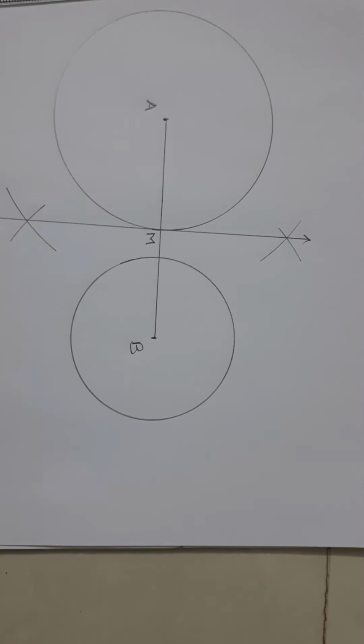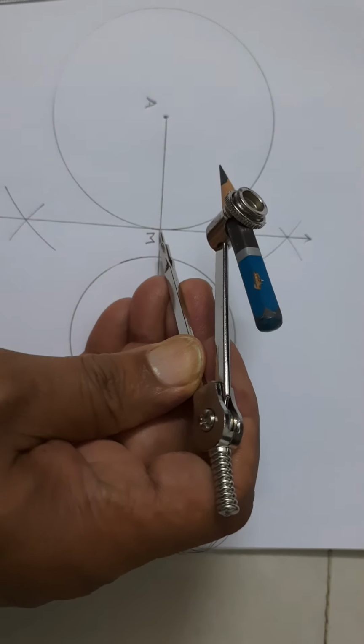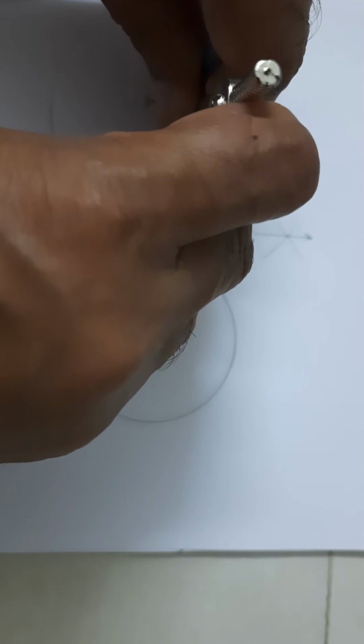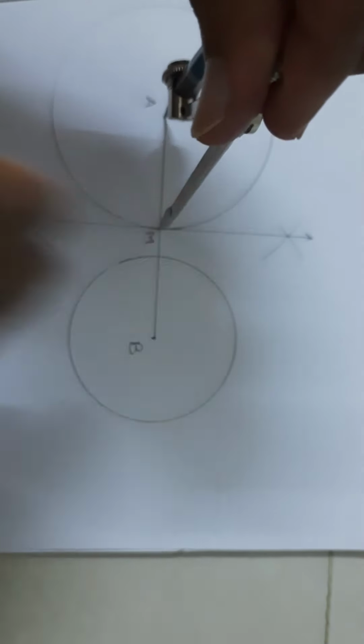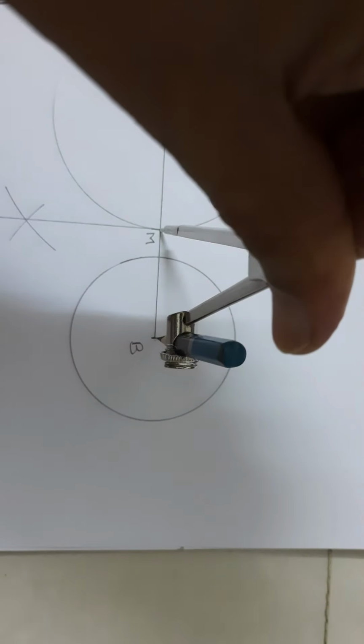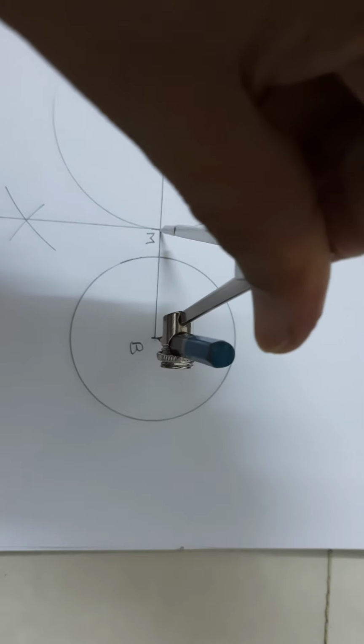Now let's draw a circle with center M and radius MB. It may be MB or it may be AM. So I am drawing this circle.